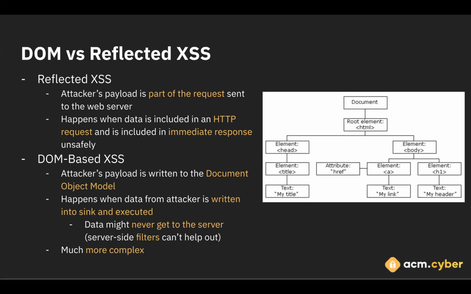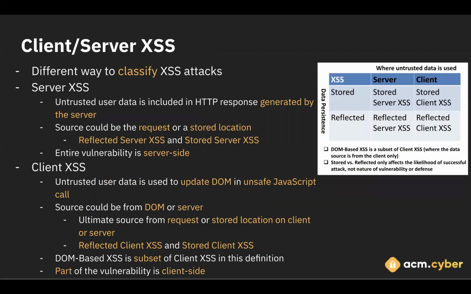So the data never has to actually go to the server in this particular attack. The attacker's data gets written to a sink and executed. No server, no HTTP requests necessary. It's a bit more complex, so it's rarer, but it happens. Very different. One involves a response from the server. One involves just that link doing bad things on the client's machine.